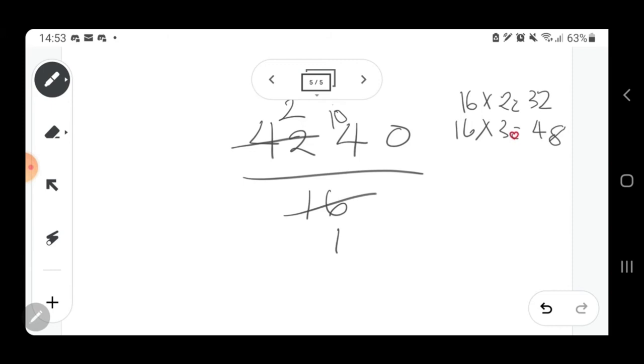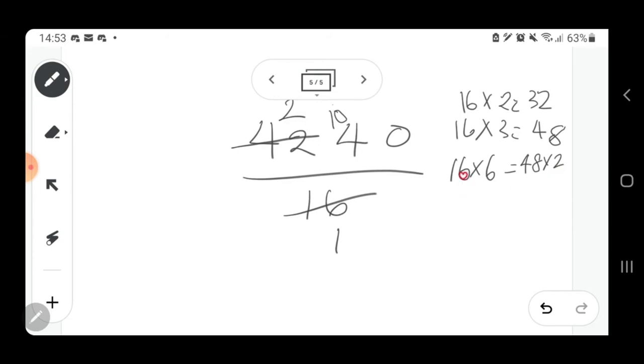Since I know that 16 times 3 is 48, then 16 times 6 is going to be, because I double this, because I multiply this by 2, it tells me a solution. Look, 16 times 3 is 48, and all I did was to multiply this 3 by 2 here to make it 6, and then I can come here and say 48 times 2.